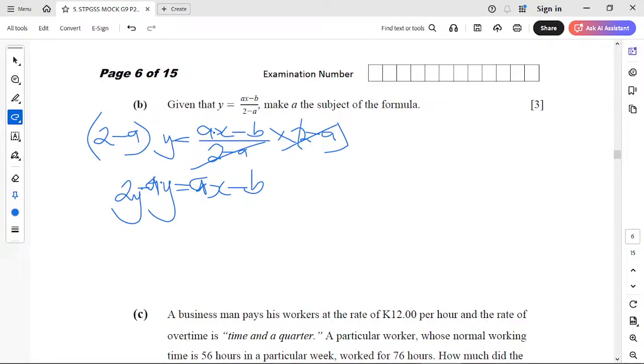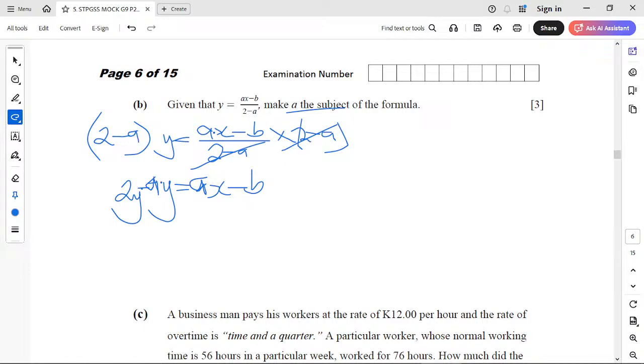Now the next thing we need to do is make a the subject of the formula. That is the task we are given. So we put like terms together. Anything that contains a, we put on one side of the equal sign.